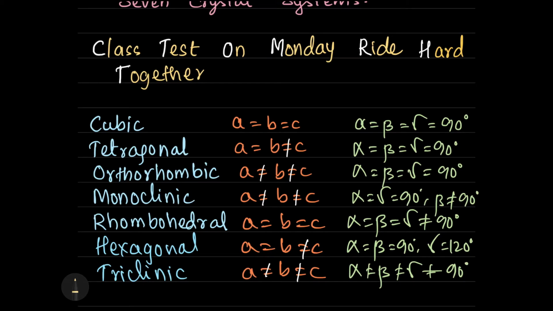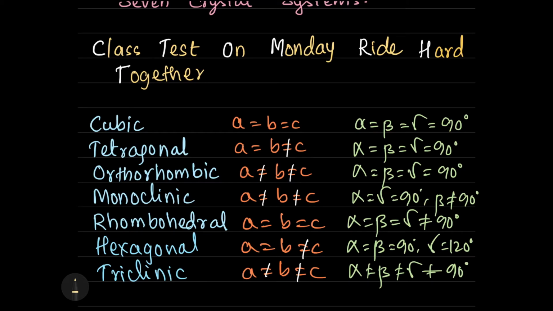What about the monoclinic? a is not equal to b, b is also not equal to c. As you can see here, the interfacial angles alpha is equal to gamma is equal to 90 degree, where beta is not equal to 90 degree. Rhombohedral: a is equal to b is equal to c and alpha is equal to beta is equal to gamma, where gamma is not equal to 90 degree.